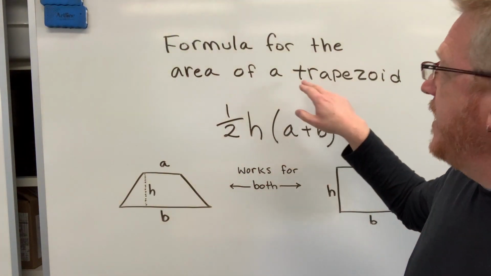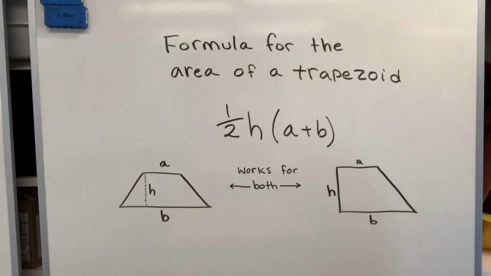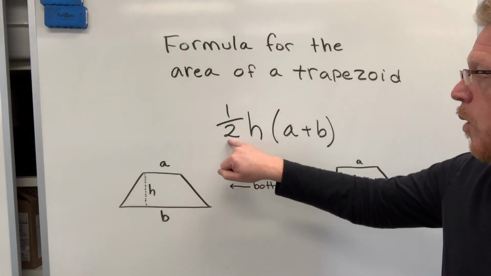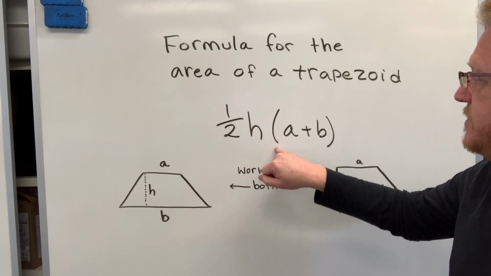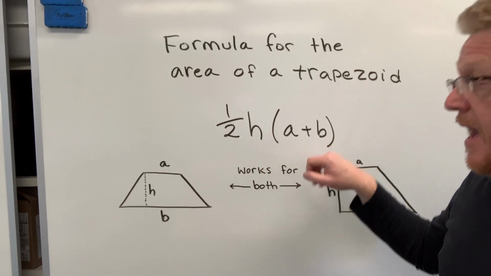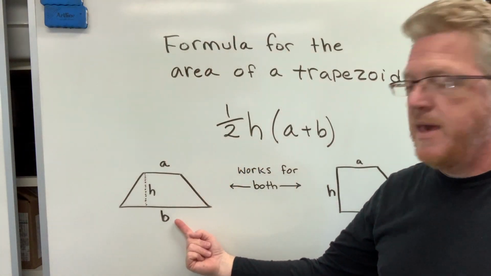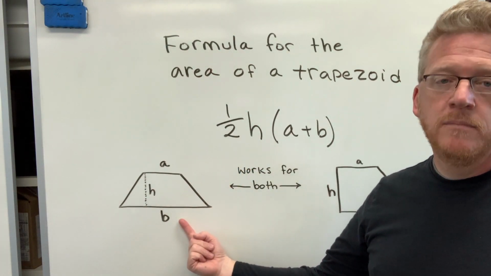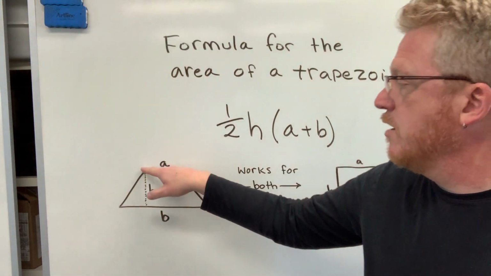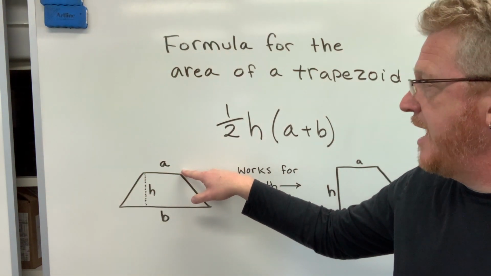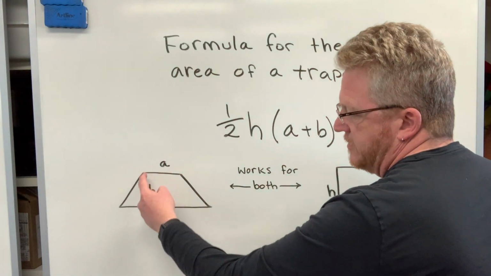The formula for the area of a trapezoid is a little funnier, and it allows us to practice our order of operations. It is 1/2 times height times A plus B. A being the top length of the trapezoid, B being the bottom length. However far across it is here is B, however far across it is here is A. The 1/2 height is 1/2 of how tall it is.